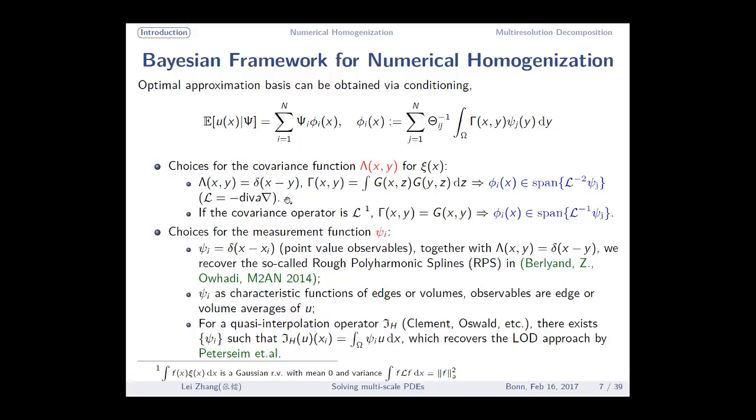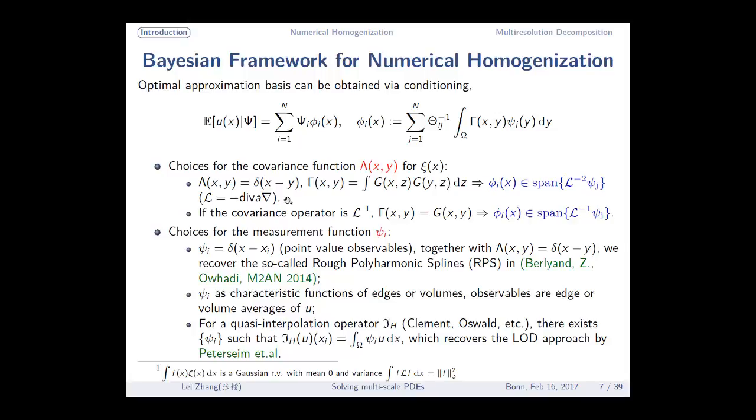If the covariance operator is L itself, the gamma is just the Green's function itself, and this phi_i belongs to the span of the solutions with psi_j at the right-hand side. So it's the same space.